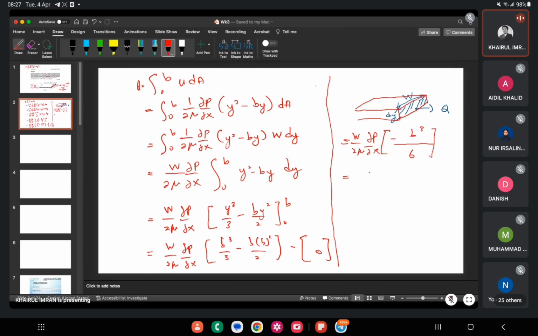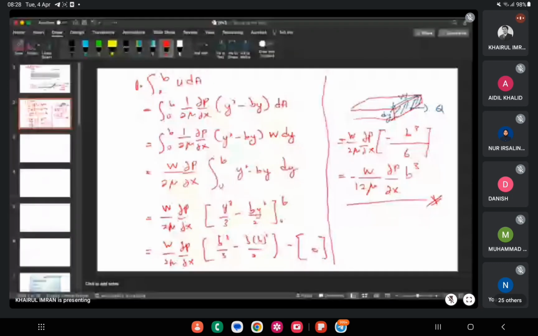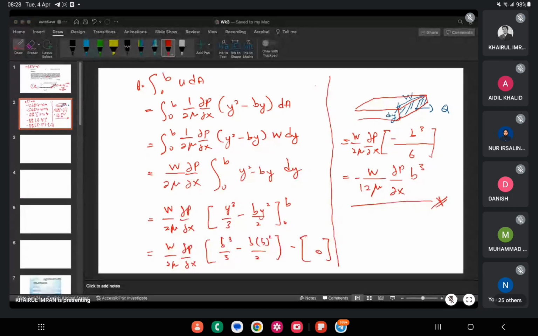And then what we get is 1 over 12 mu, del P over del X, B cube. Right. So that is the answer. Negative. Sebab ni ada negatif di sini. Okay, ada soalan? Oh, senyap kan? Okay semua?